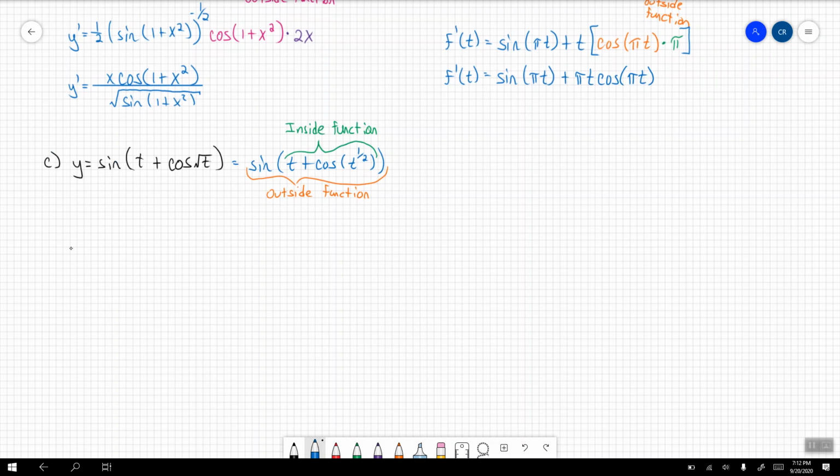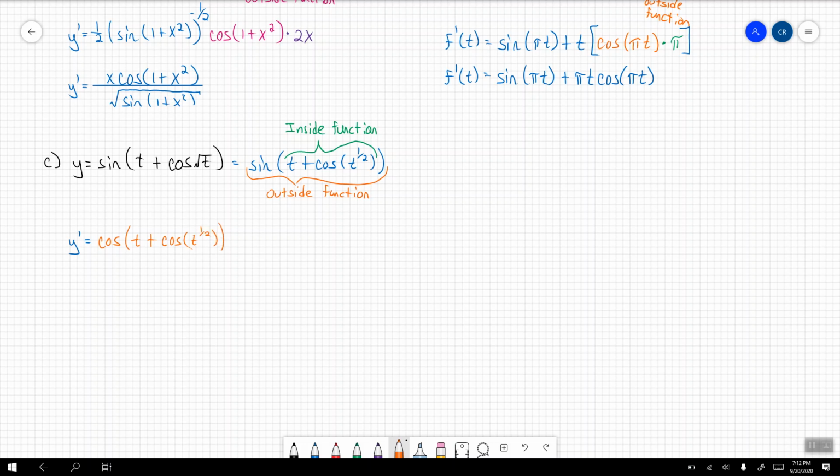So let's go ahead and start on y prime. The derivative of the outside function, well again, the outside function is just sine. So the derivative of sine is cosine. Remember, for the outside function, you only take the derivative of the outside and you keep the inside the same, meaning t plus cosine of t to the power of 1/2.